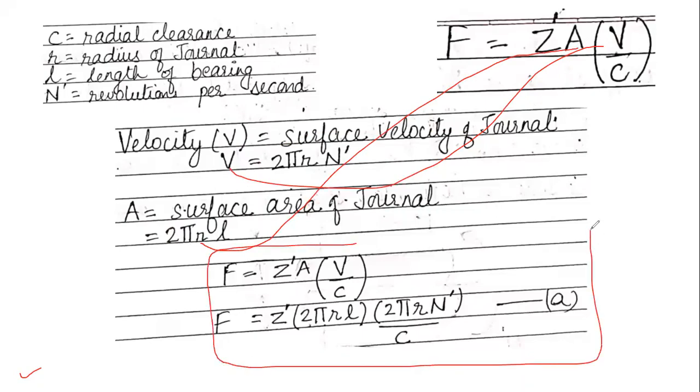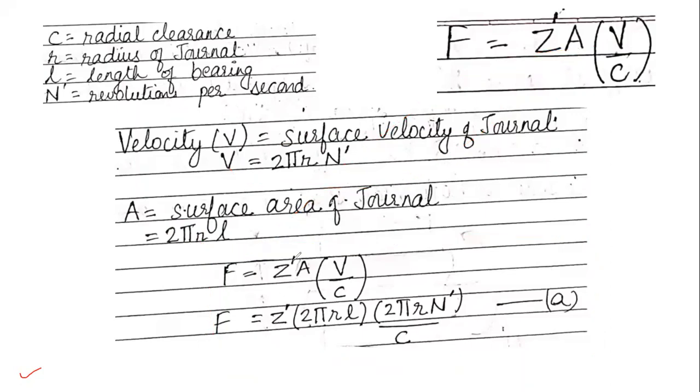So Z dash, absolute viscosity, will remain the same. This A formula I'm putting here, 2 pi r l. This is V. The formula that is here, I'm going to put down here, 2 pi r N dash divided by C, that is our radial clearance. So let me call this equation number A.